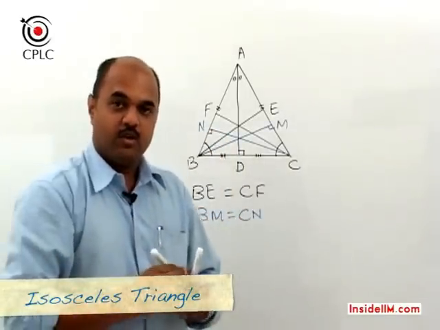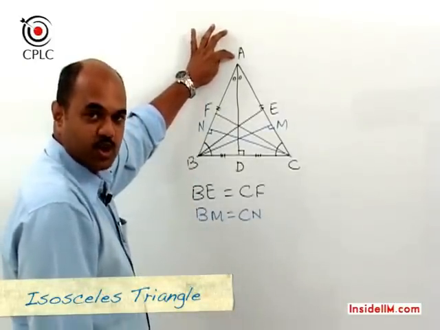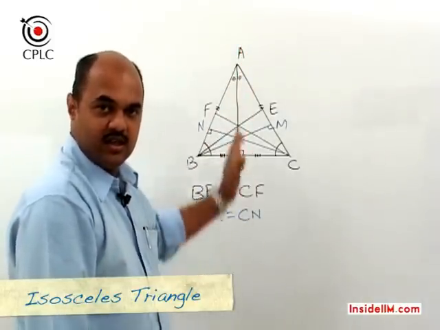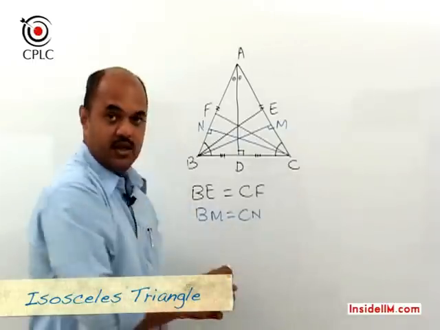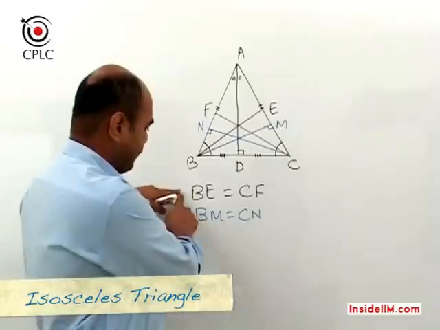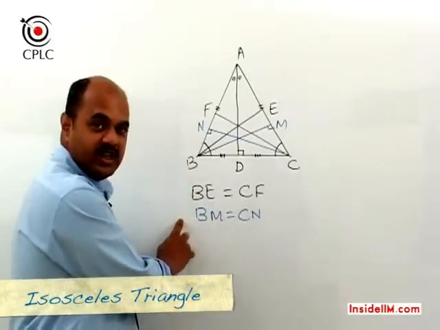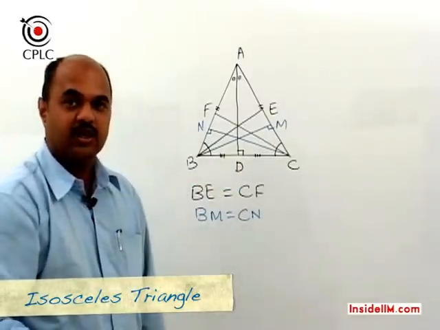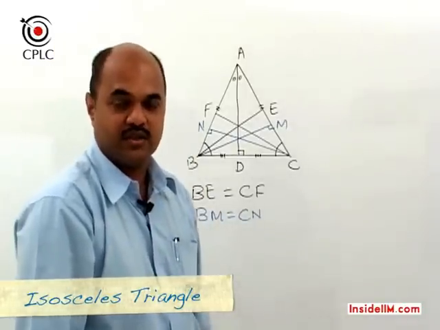What is very important here is that from the common vertex, the vertex common to the equal sides, the median, altitude, all these lines that we had studied are the same, but from the other two vertices, medians drawn to the two equal sides are equal and altitudes drawn to the two equal sides are also equal. This is what we can definitely say in terms of the lengths for the medians and the altitudes. These are the properties for an isosceles triangle.